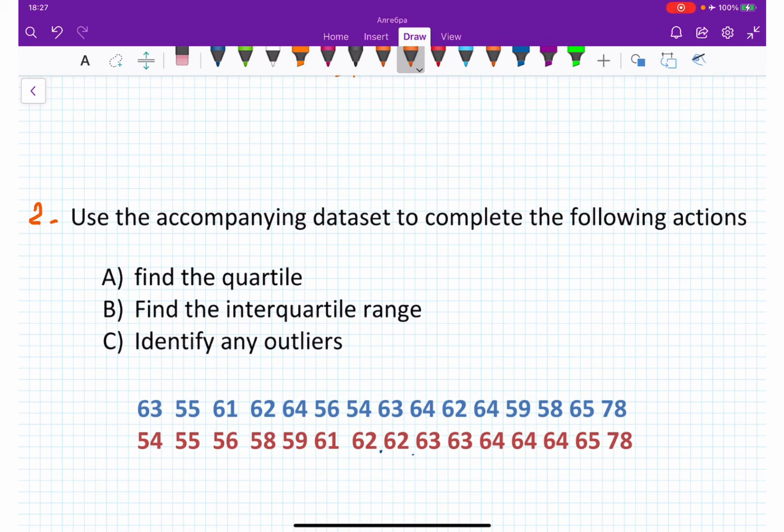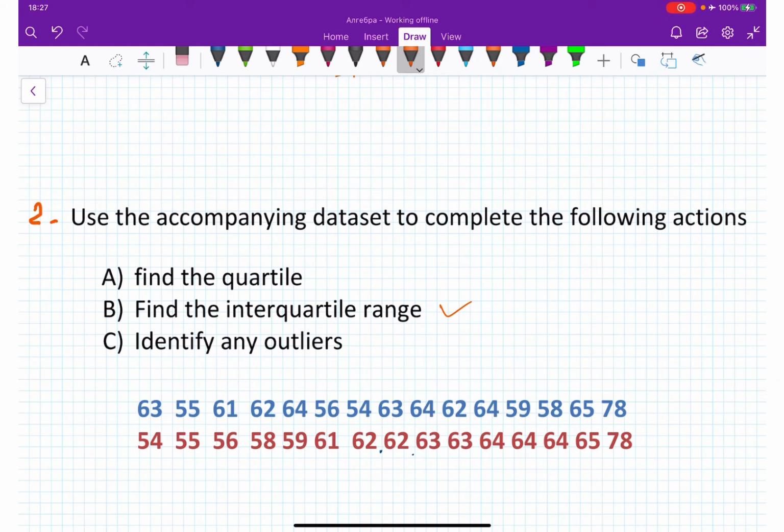Use the accompanying data set to complete the following actions. Find the quartiles. We need to find the first quartile, second quartile, third quartile to be able to find the interquartile range, right? And then identify if we have an outlier.